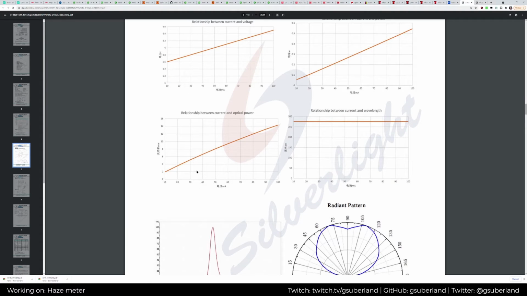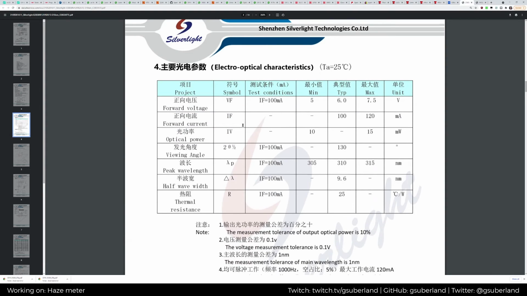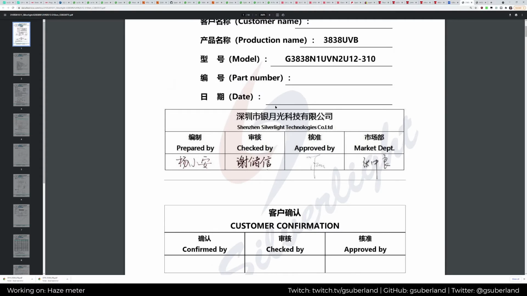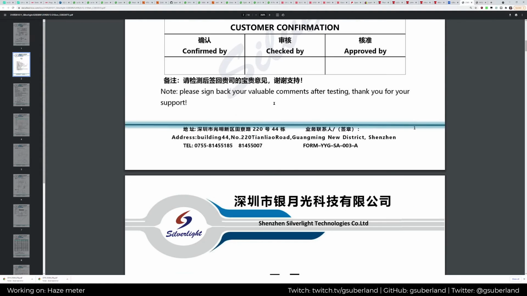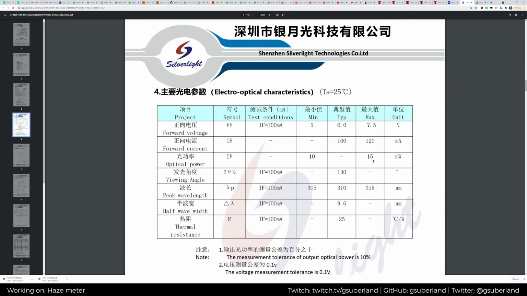So, what's the 100 milliamps? It's quite a lot. I can't read Chinese, so this doesn't help much. But at least they've got it in English as well. So typical forward voltage 6.00.